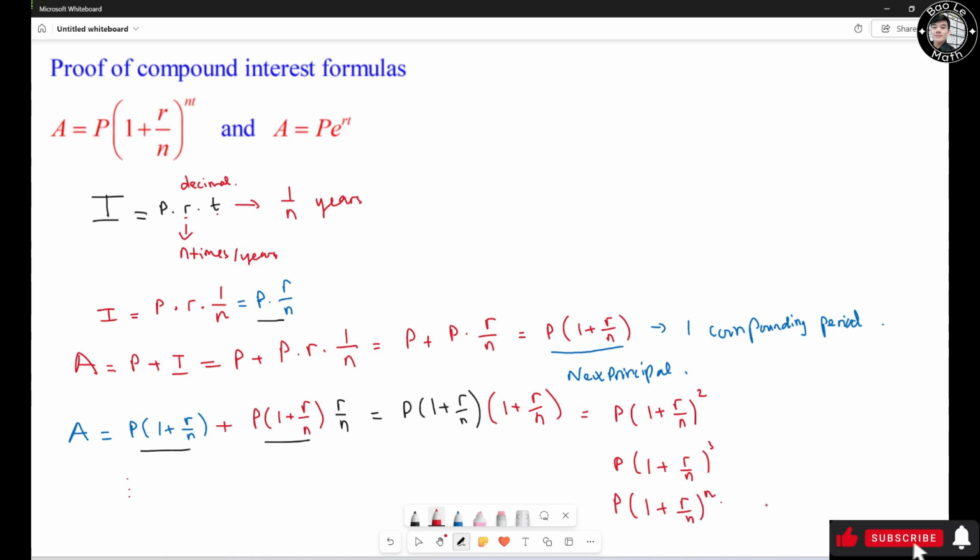Because t years will contain n times t compounding periods, after t years we have A equals P times 1 plus R over n, all together to the power of n times t, right? So this is the proof of the compound interest formula right here.